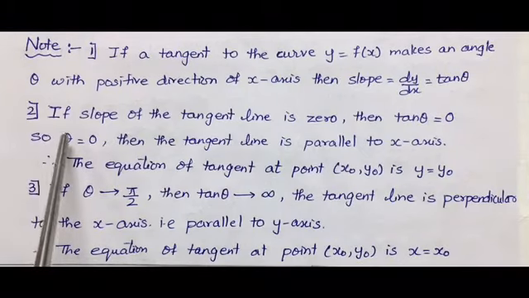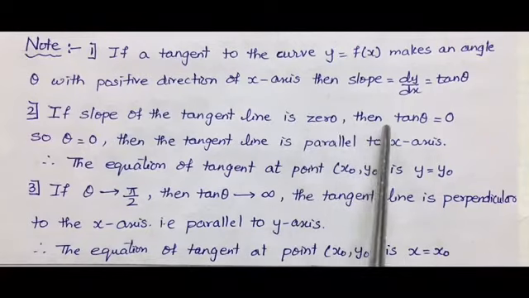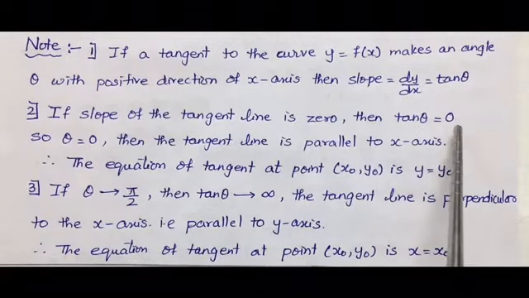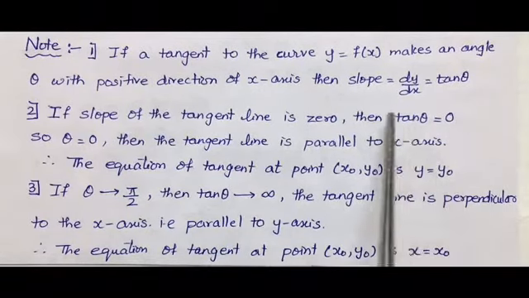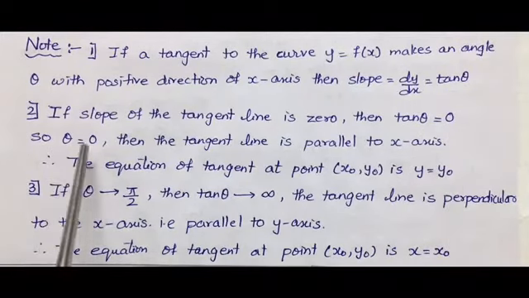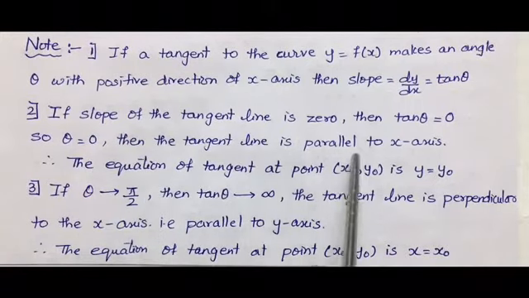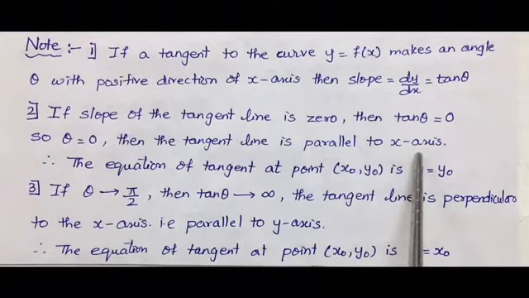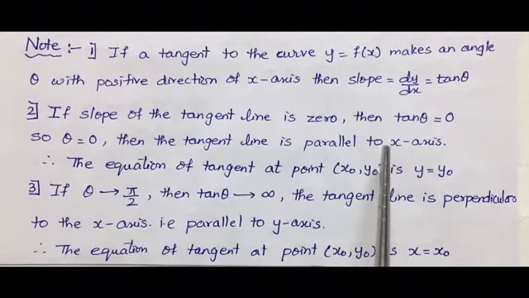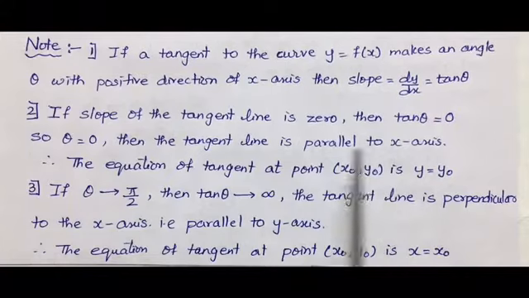Second point: if the slope of the tangent line is 0, then the value of tan theta is equal to 0. We get tan theta equal to 0 when theta is equal to 0, then the tangent line is parallel to the x-axis. So the tangent will be totally horizontal and parallel to the x-axis.